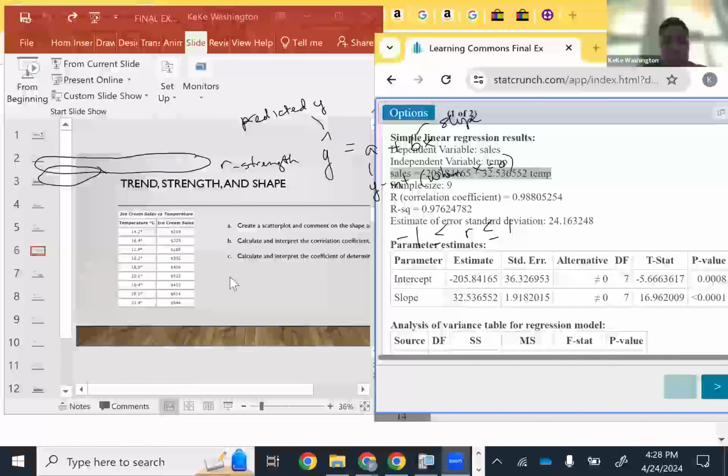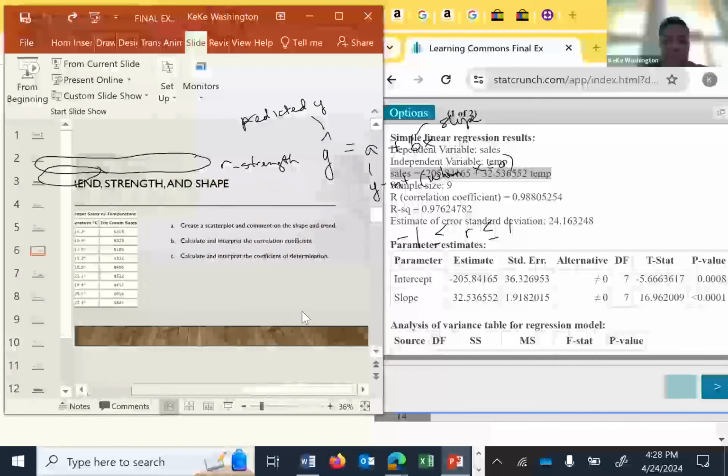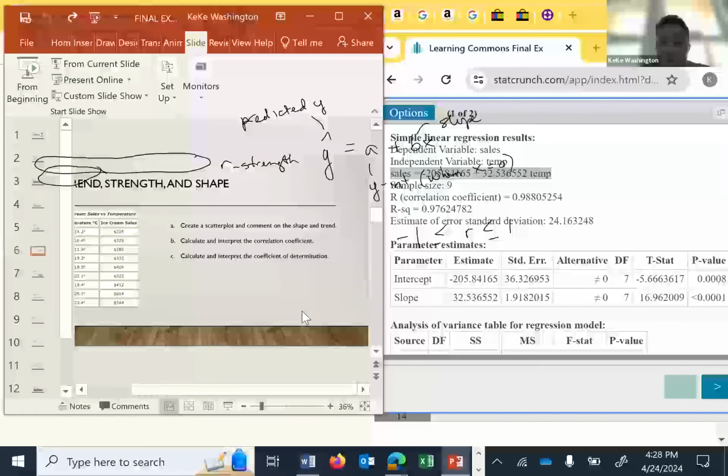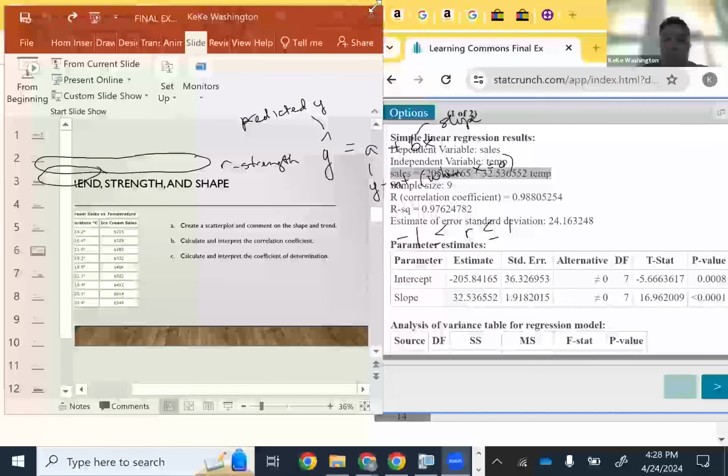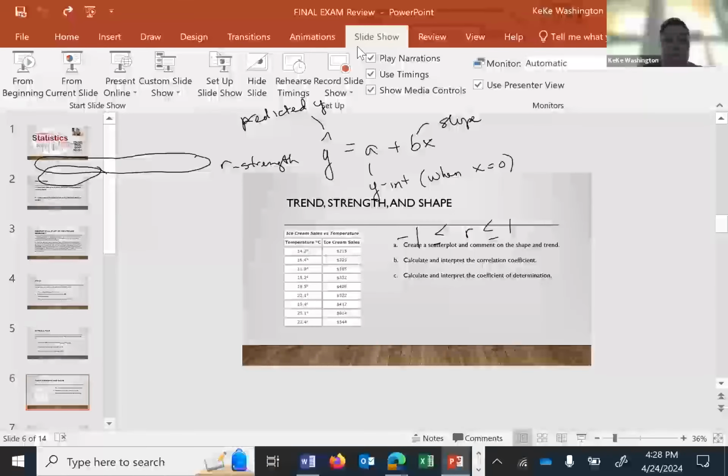All right, so the problem says that we've calculated our regression, we've interpreted our correlation, we've said it was a strong positive, and now we want to calculate, and we've already calculated our coefficient of determination, the R squared, 0.976, but we need to interpret it.